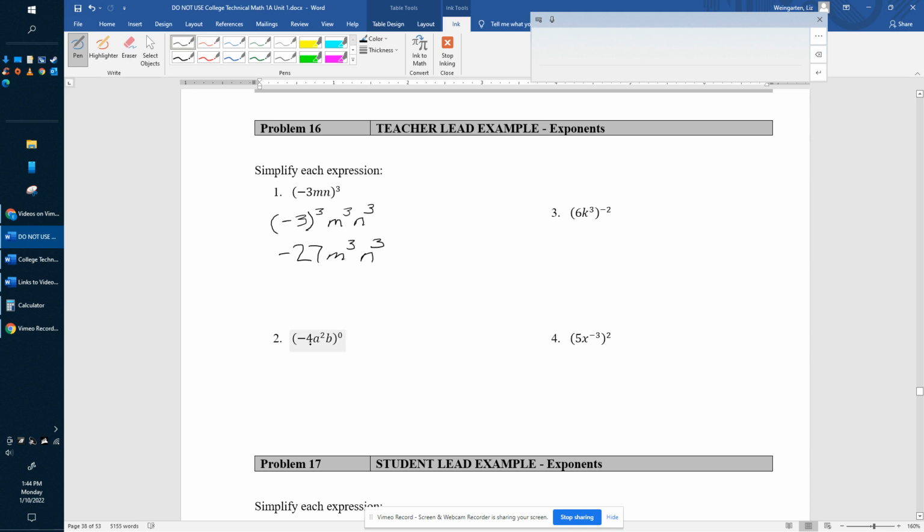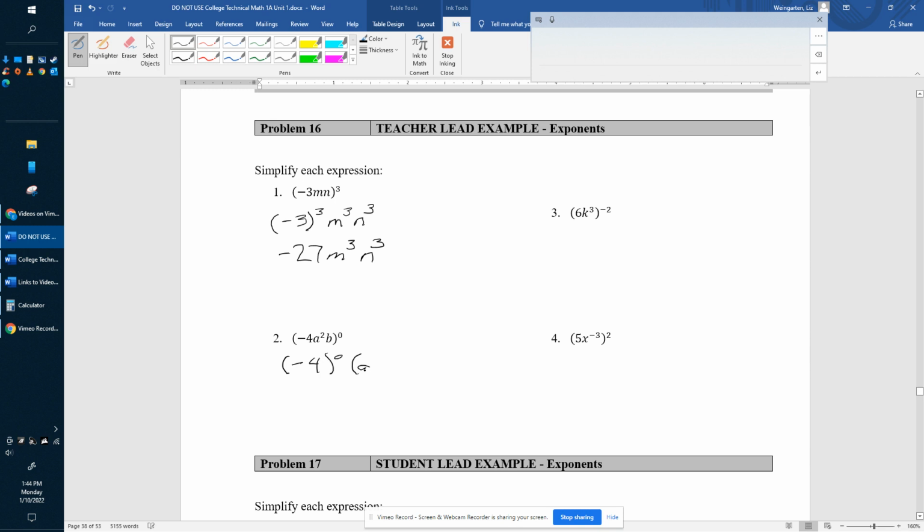How about -4 a squared b to the 0? Now we had talked about how anything that has a base to the 0 power is 1. Let's see if that's still true if we distribute this. So we have -4 to the 0 power.